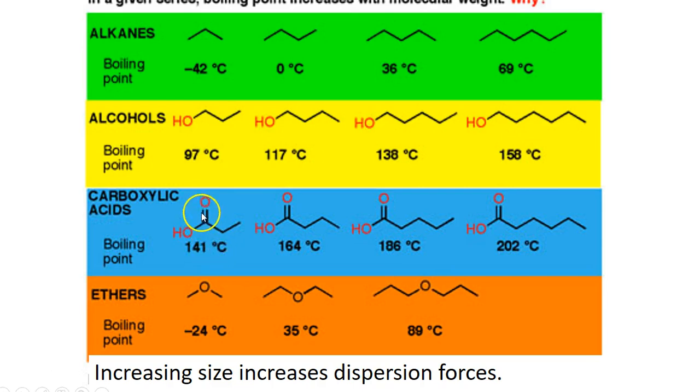Carboxylic acids also have another thing called dimers, which we'll look at later, which makes them have a higher boiling point than alcohols. Ethers, these ones, because the oxygen is in the middle, the electrons are being shared with the carbon. It's not a polar molecule, ether, so they have a really low boiling point.